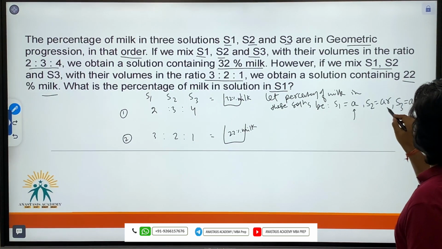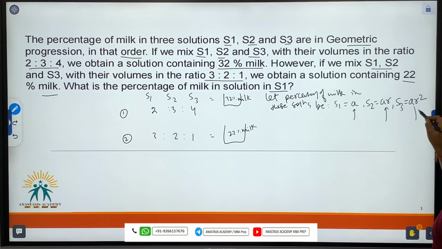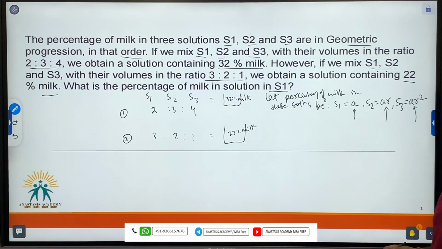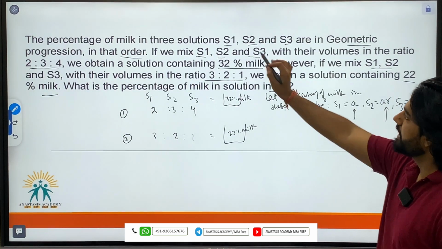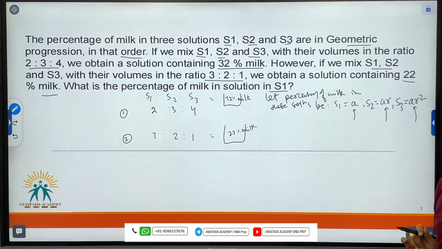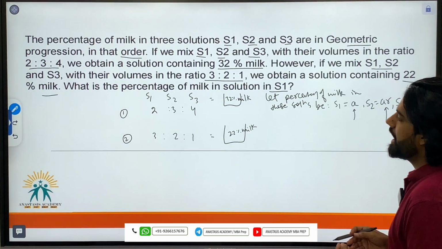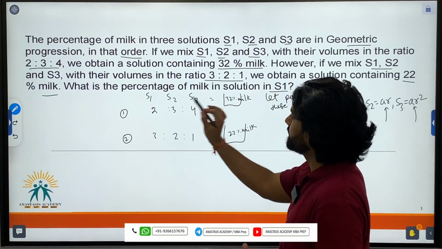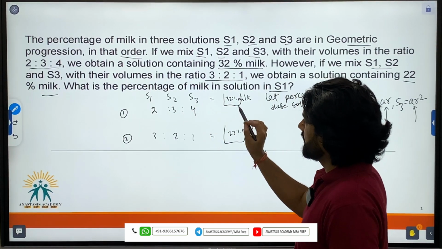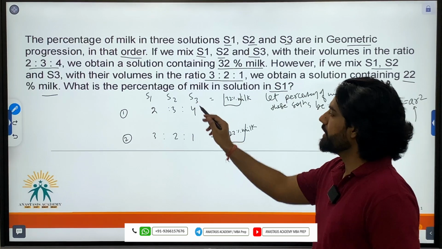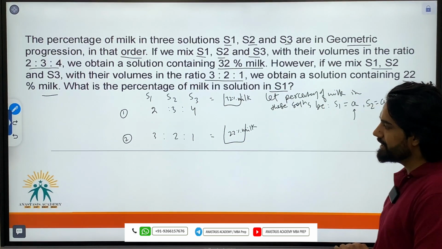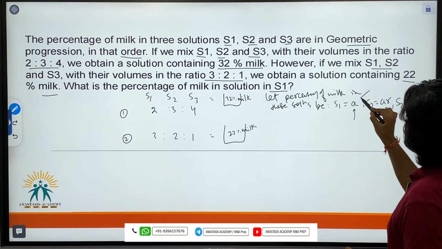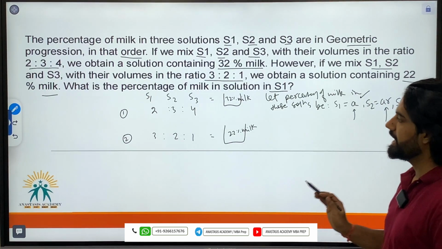A is the first term, R is the common ratio of this GP. So three terms would be A, AR and AR square, because it is given in this order they are in GP, right? Now we have to use the concept of weighted average, and we should get two equations. By solving these two equations, we should be able to get the value of A and R, right?